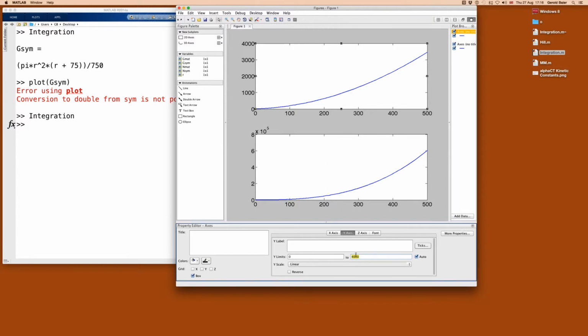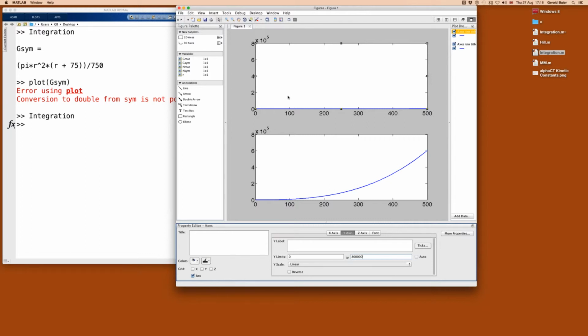Then they would be on the same scale. And if we do this, you can see that now they are no longer the same. The original function basically disappears compared to this cubic function. Of course, the cubic function grows much faster.